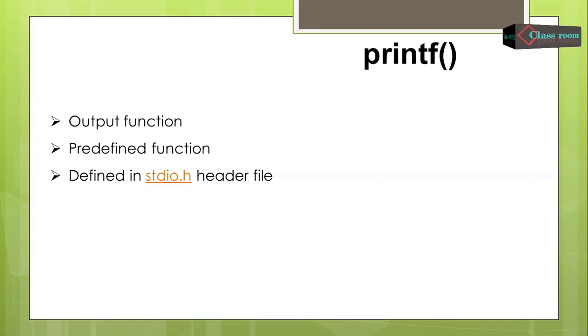Before using the printf function one has to include this header file in the program, otherwise one cannot use this function. So the header file is necessary to include in your program.